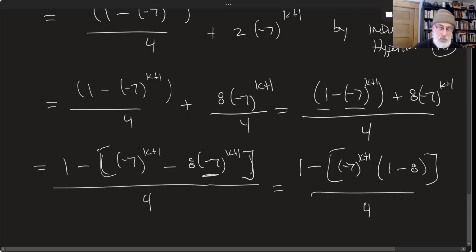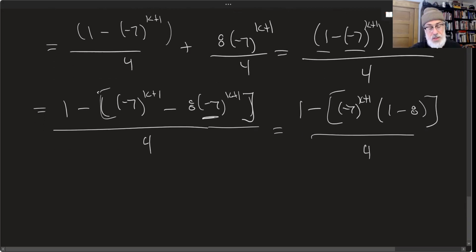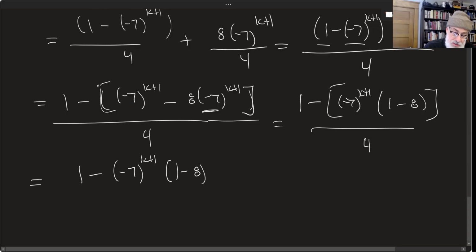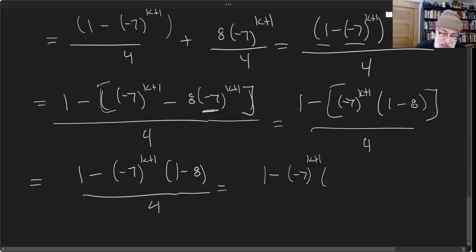This might look a little hairy, but I can write it a little neater as 1 minus negative 7 to the k plus 1 times 1 minus 8, divided by 4. Of course, 1 minus 8 is negative 7, so I get 1 minus negative 7 to the k plus 1 times negative 7, over 4.